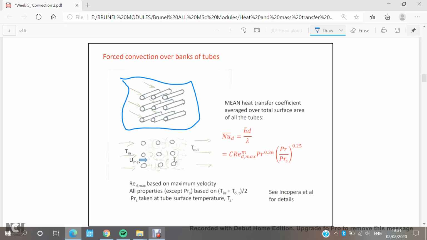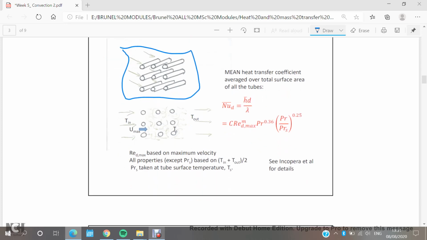So I consider it just one geometry. We can get the average Nusselt number from this equation. But in this equation we have a new term which needs to be calculated, which is the Prandtl number with respect to the surface, or the tube surface.